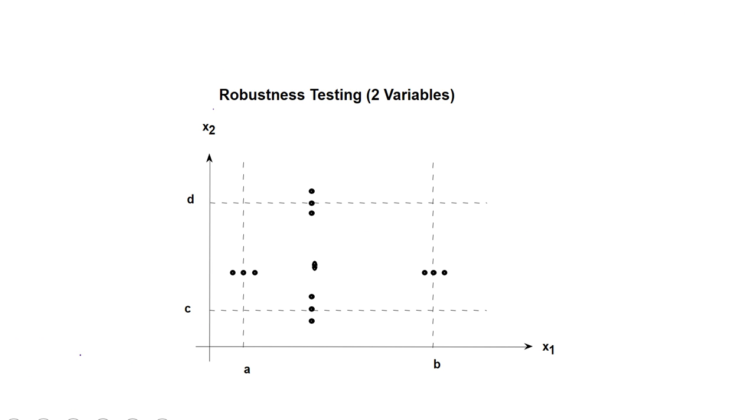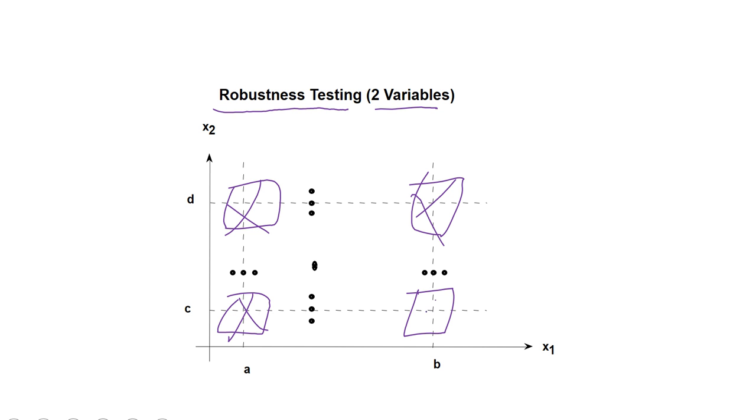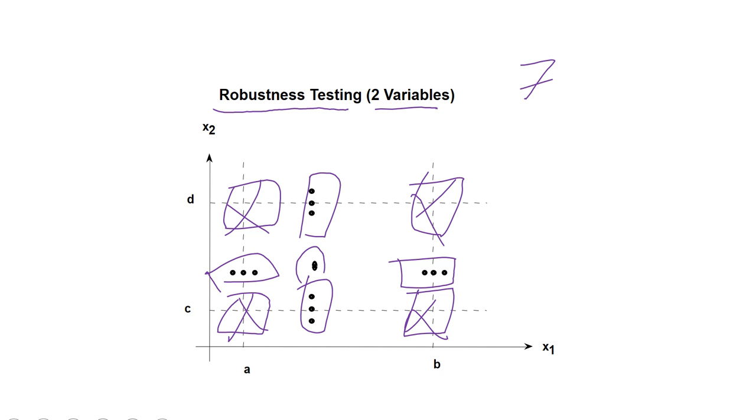So this is a summary about robustness testing for two variables. We don't take the extreme points, we take these points, and we take 7 values.